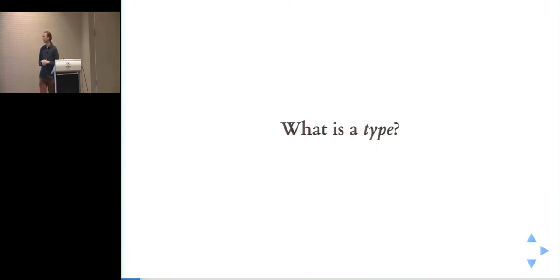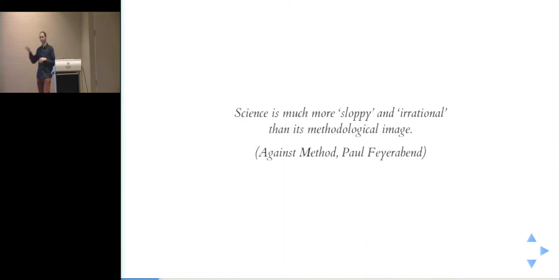That was a nice introduction that you can actually trace and look at different backgrounds. And what I'm going to try to do here is to go even further along this quote, which says, "Science is much more sloppy and irrational than its methodological image."